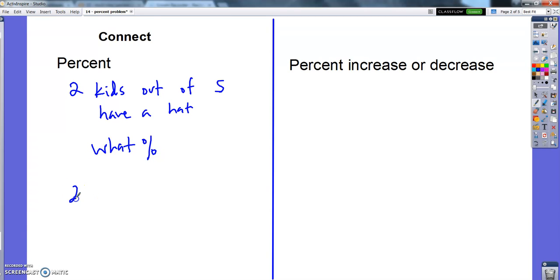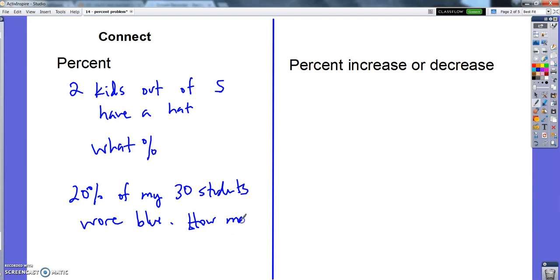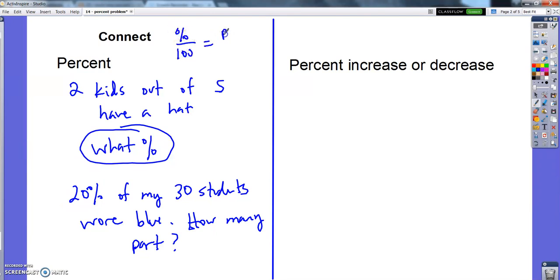Or 20% of my 30 students wore blue. How many is that? They're just questions where you either find the percent or you find the part. This one you're asking for the part. Or you could be asked to find the whole too, but it's a basic problem where you have a part out of 100 equals a part out of a whole, and you find one of the things.